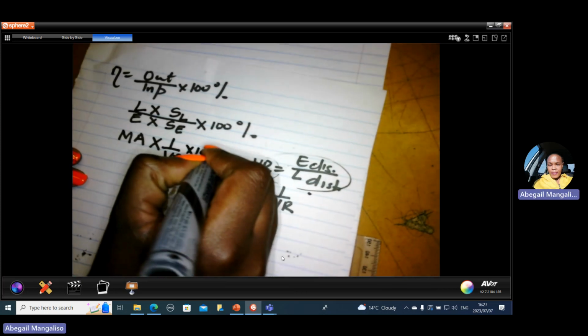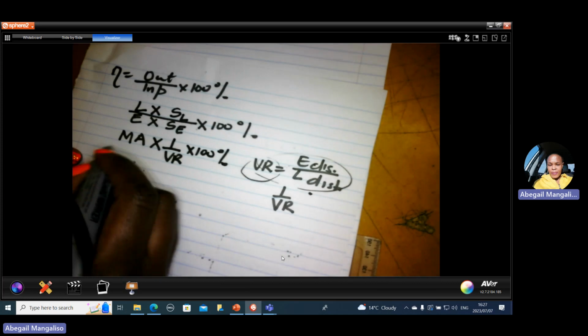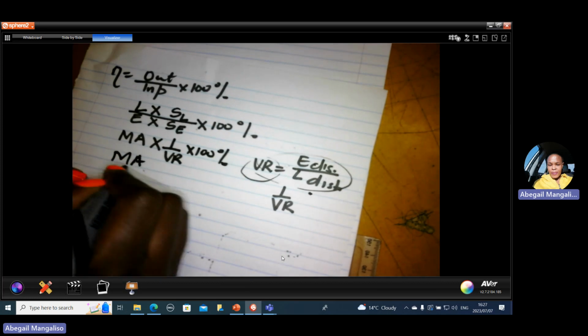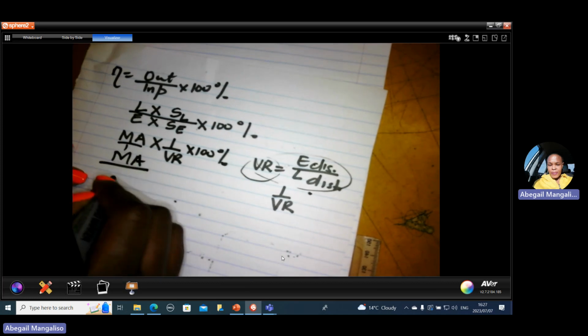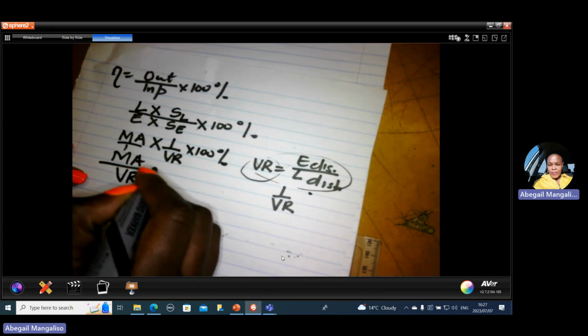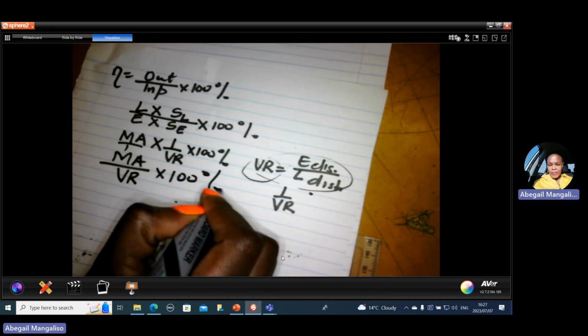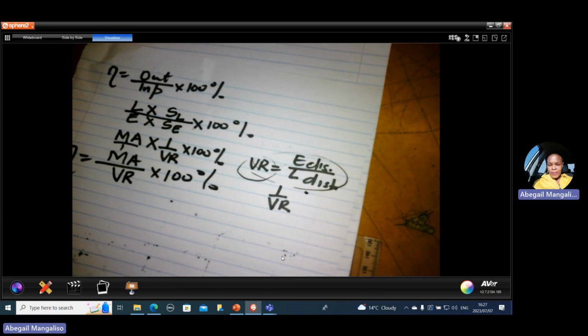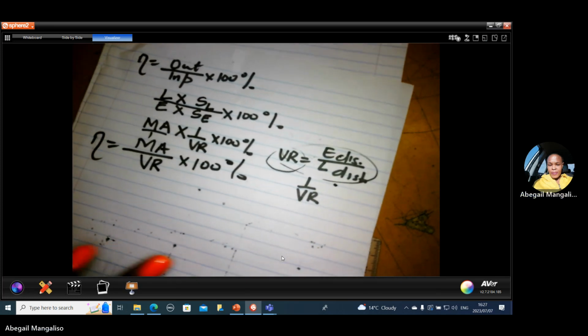Multiply by 100%. Then MA times 1 will be MA, divided by VR, multiplied by 100%. So this is where this formula of efficiency is coming from. It's mechanical advantage divided by velocity ratio multiplied by 100.